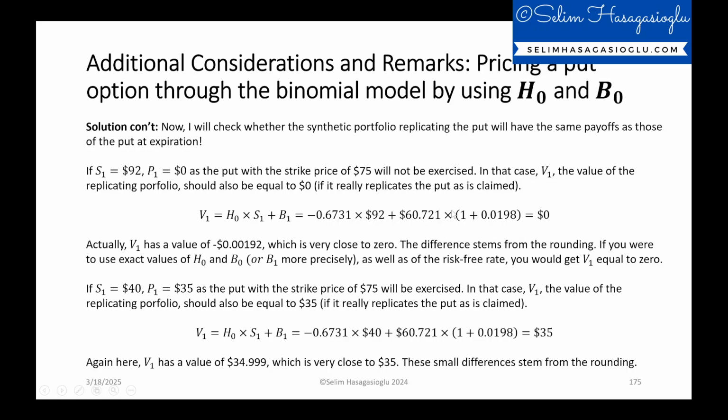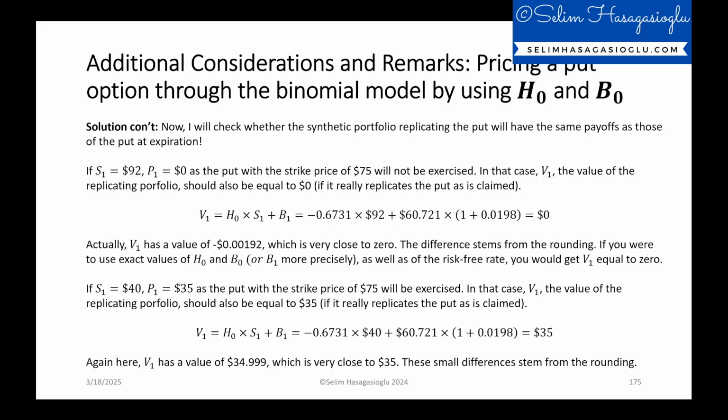So that's why B0 multiplied by 1 plus R. R was already given. So this is equal to 0. Actually, V1 has a value of minus $0.00192, which is very close to 0. The difference stems from the rounding. If you were to use exact values of H0 and B0 or B1 more precisely, as well as of the risk-free rate, you will get V1 equal to 0.